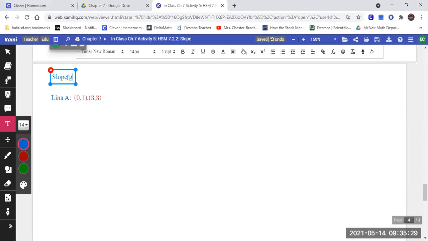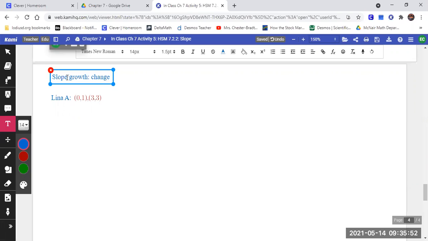Okay, so how do we figure out growth? Remember, we wrote it out all the time in that one chapter. What do we do to figure out growth? It starts with the word change.